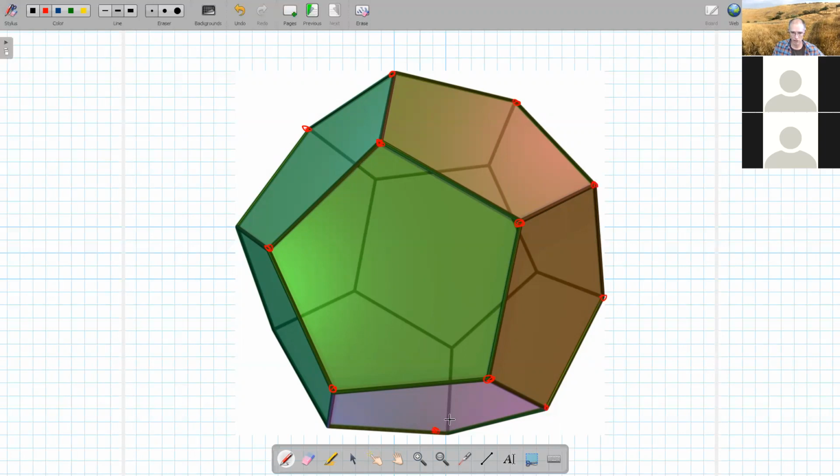There's one down here, 12, 13, 14. And then I think the next row over here, 15, 16, 17, 18, 19, and I feel like I missed one. Oh, I did, right there, 20. Okay, so we have 5 in front, 5 in back, and 10 around the outside. 5, 5, and 10 is 20. I think there's 20 vertices.